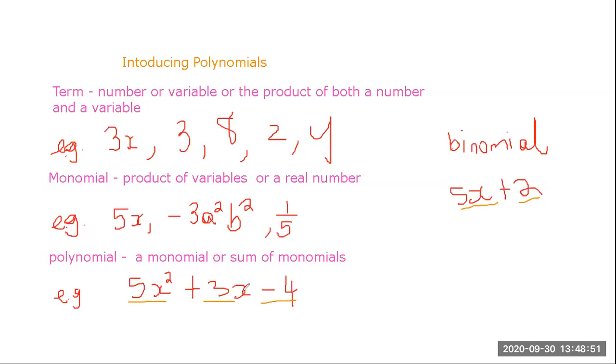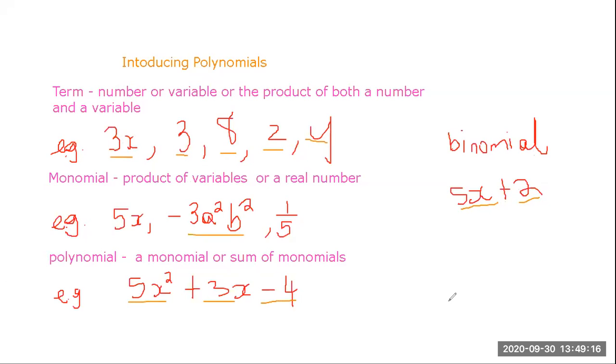After trinomial, people just say polynomial, all right? But if you really think about it, all monomials, all binomials and all trinomials are polynomials, and they're made up of terms.